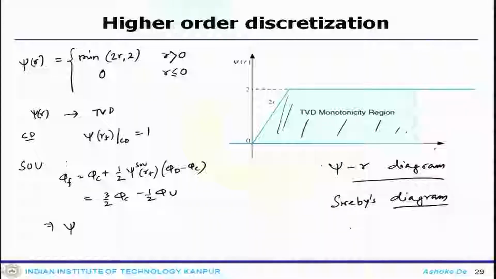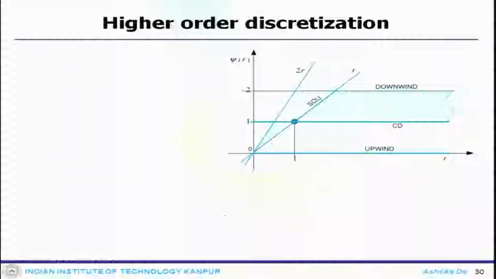So, which gets you back, for second order upwind, to phi c minus phi u divided by phi d minus phi c, nothing but r f.